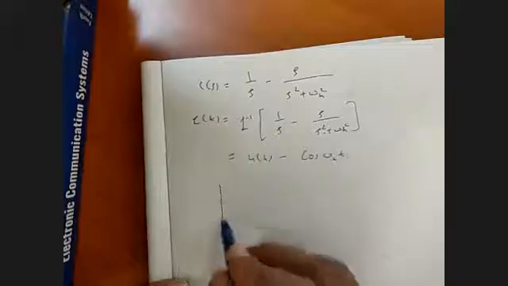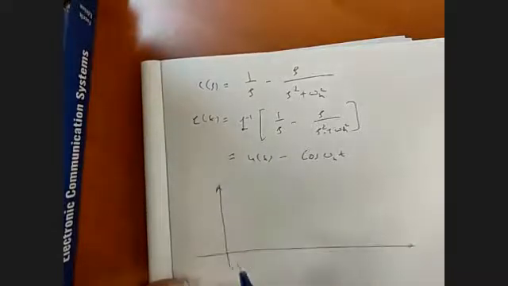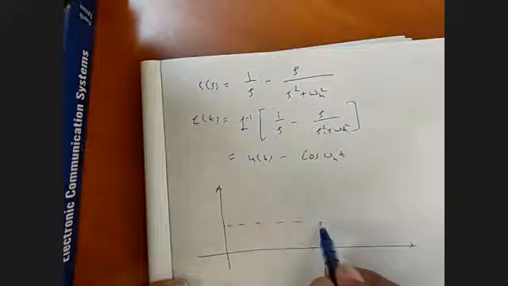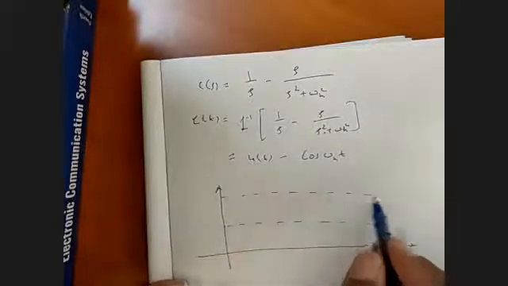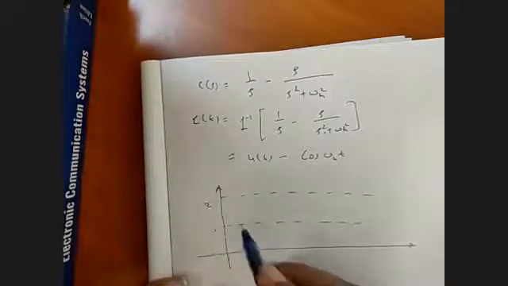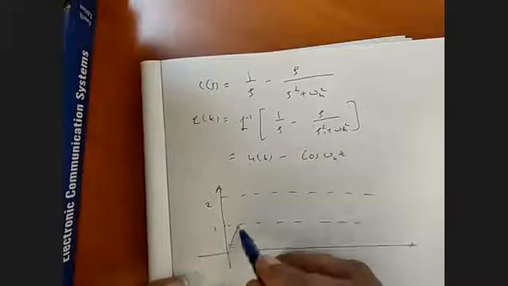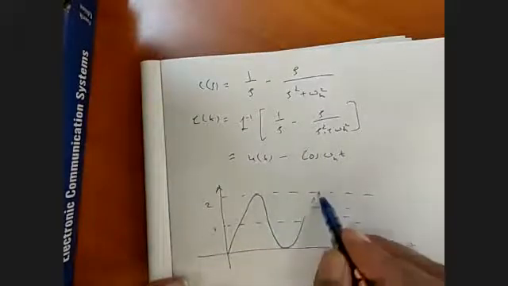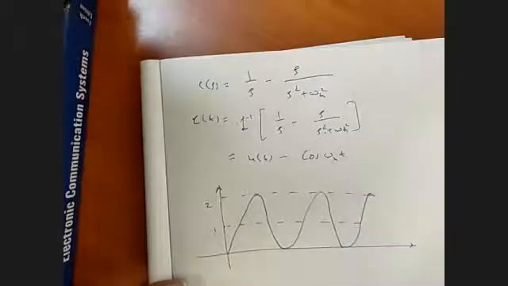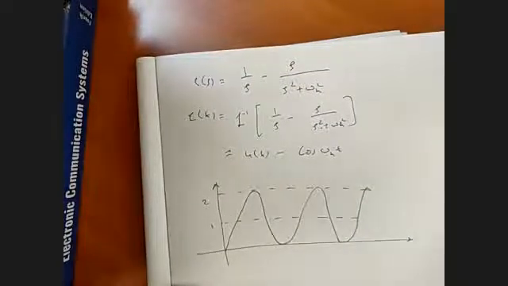That means your response will be as shown, this is your t, this is your ct. Because ut, so it will be ut minus cos omega n t.